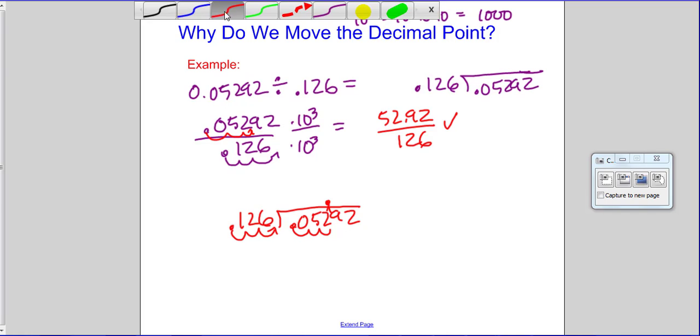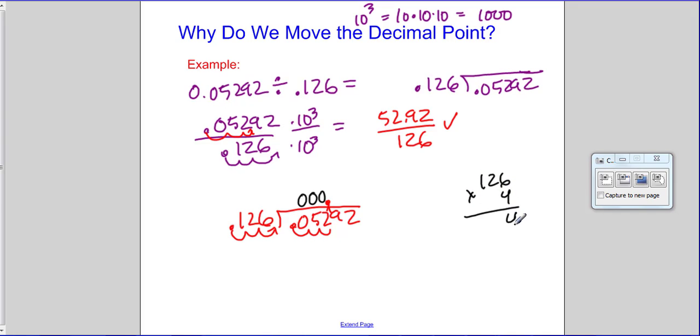So doing the problem now, 126 goes into 0, 0 times, 126 goes into 5, 0 times, 126 goes into 52, 0 times, 126 goes into 529, well 126 times 4, that's 24, carry the 2, 2 times 4 is 8, plus 2 is 10, that's 504, so that's going to go 4 times because 5 is going to be too big.